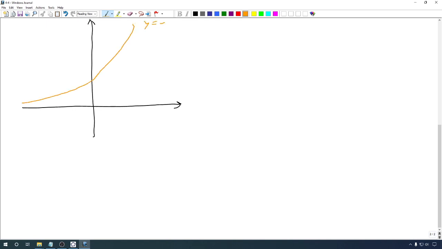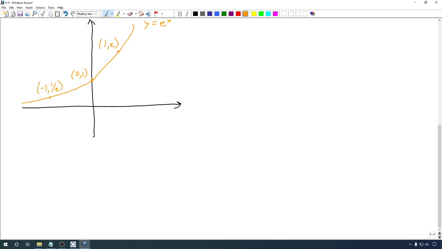This is y equals e to the x. Remember, it has certain points on it. It has the point 0, 1. It has the point 1, e. There's another point over here, negative 1, 1 over e. That's e to the negative 1 power.